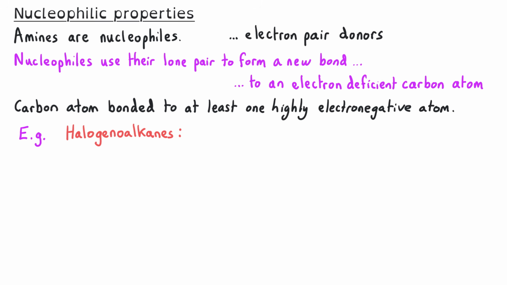For example, we see this when a carbon atom is bonded to a halogen atom, for instance, chlorine, in halogenoalkanes. Since chlorine is much more electronegative than carbon, the electrons in the covalent bond are pulled closer to the chlorine atom, making that atom partially negative, or we might say electron-rich, and the carbon atom is partially positive or electron-deficient.